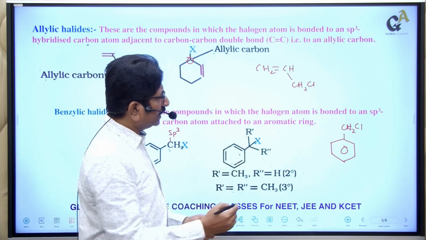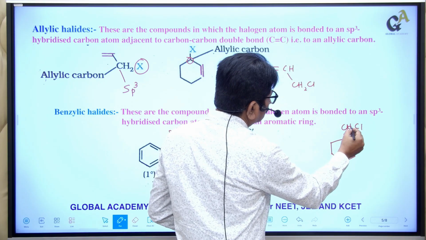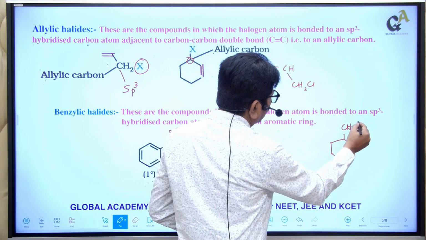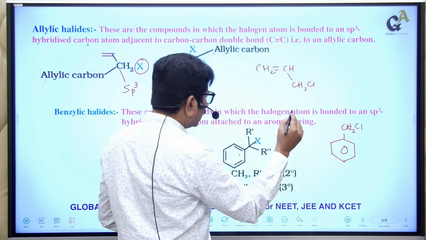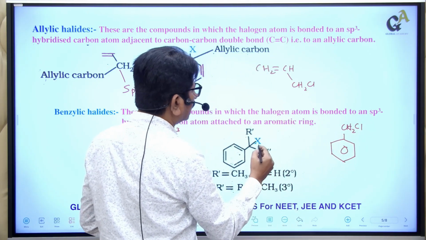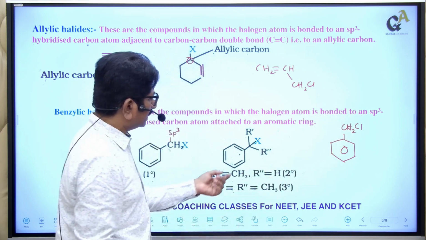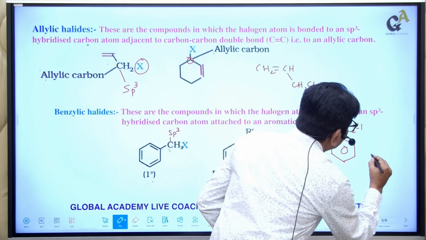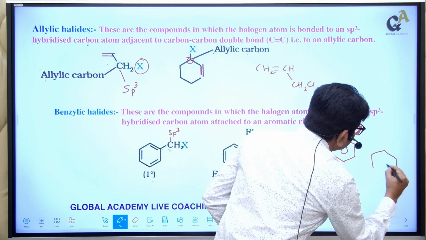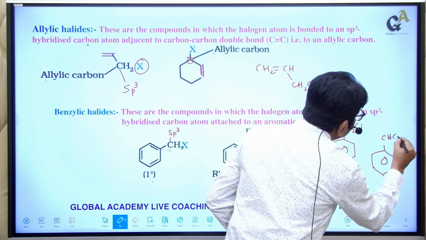Similarly, here, if you go on replacing one hydrogen, then you get this compound, which is a primary. If you remove one more hydrogen, then it is a secondary, then it is tertiary. Likewise here you can also write like this, CHCl2.